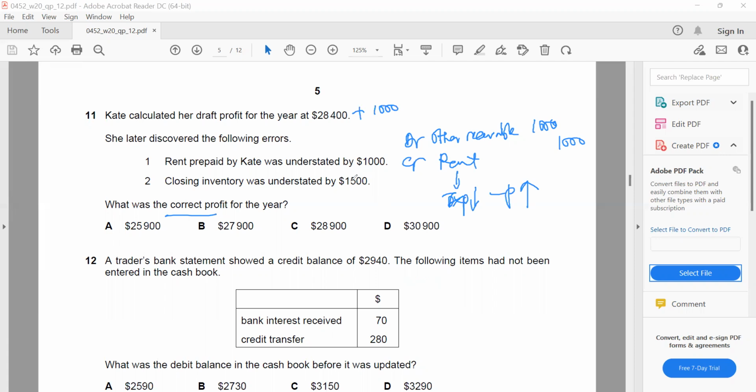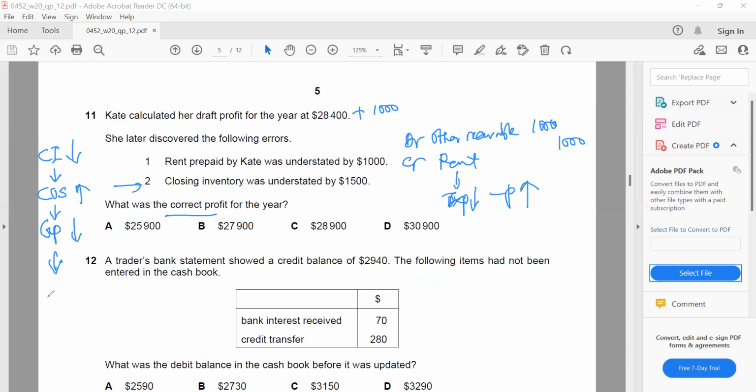Okay. The next one, closing inventory was understated. Closing inventory understated, so cost of sales overstated. Gross profit understated.